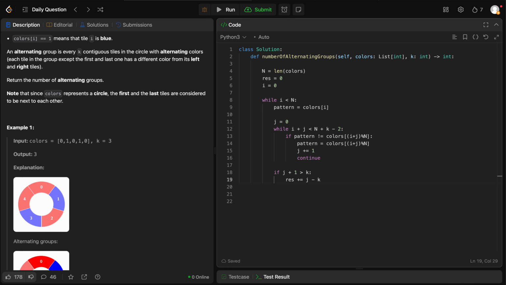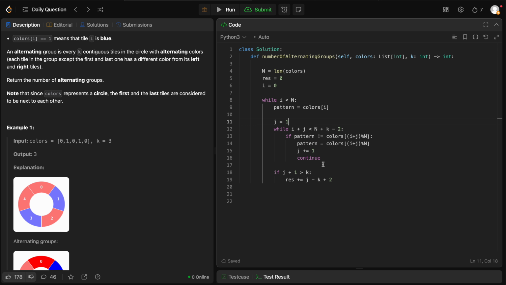Okay, so if k was 3 and j was 2, it's like so. So if j was 4, that means it was 0. Okay, but j must not be 0, it has to be 1. So 1, 2, 1, 2, okay.